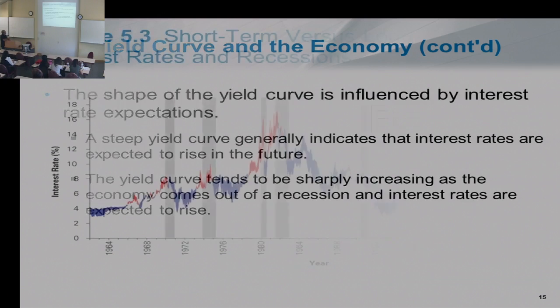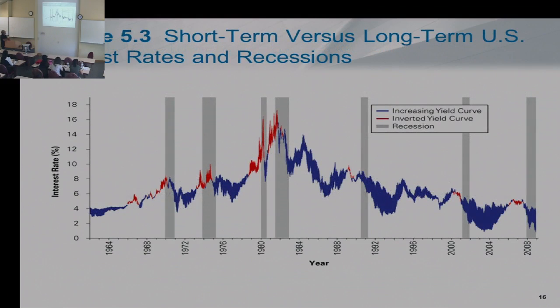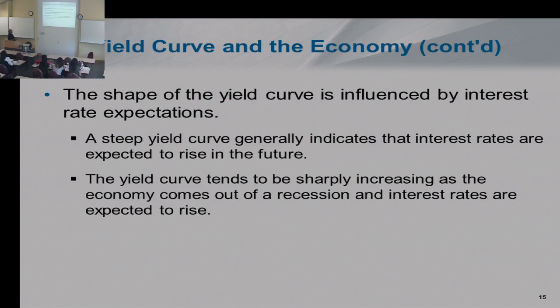If we were to look at this graph here, the size of the amount is the difference between the 1 year and the 10-year bond rate, I think. So the difference between the 1 and the 10-year rate.